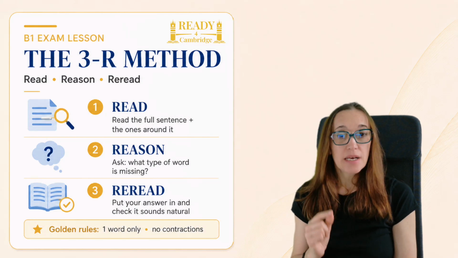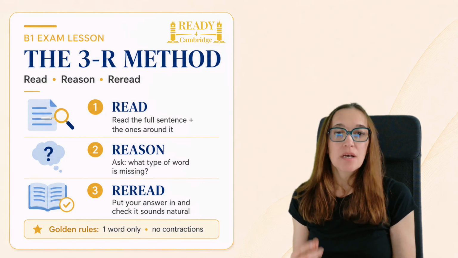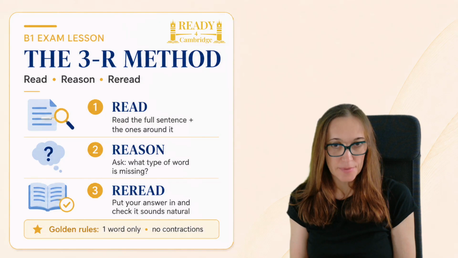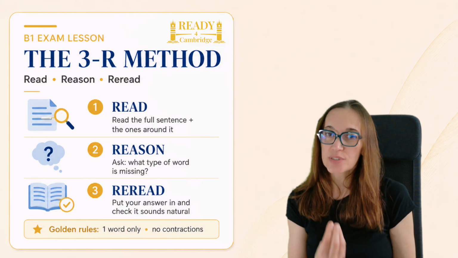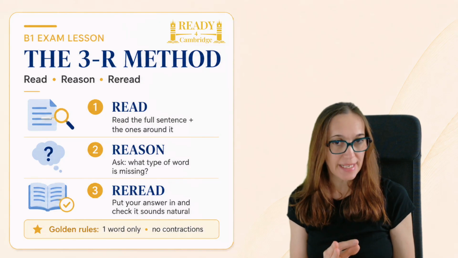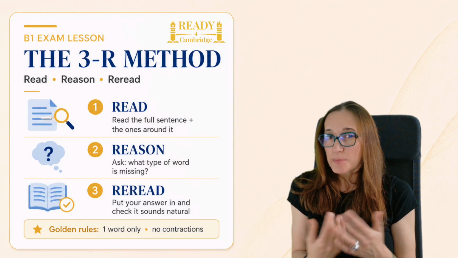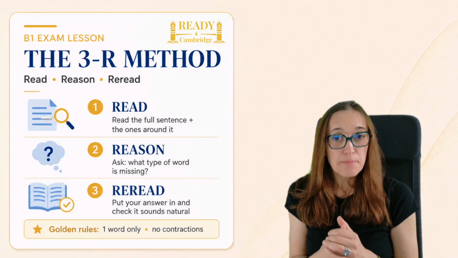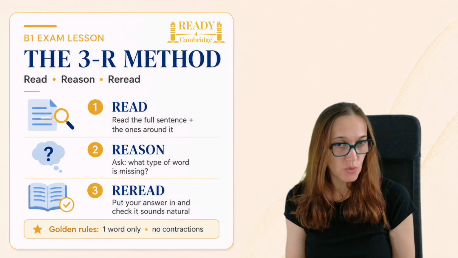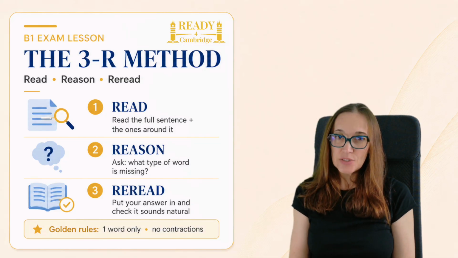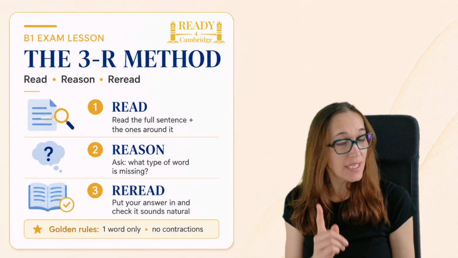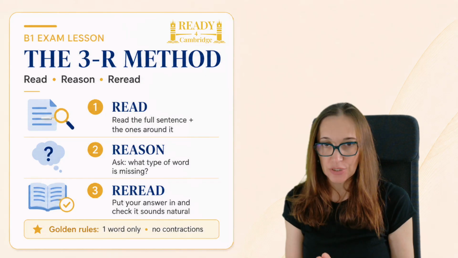Step 3. Reread. Write your answer in the gap. Then read the whole sentence again from the beginning. Does it sound natural? Does it make sense? Remember 2 golden rules. The answer is always one word, never 2.